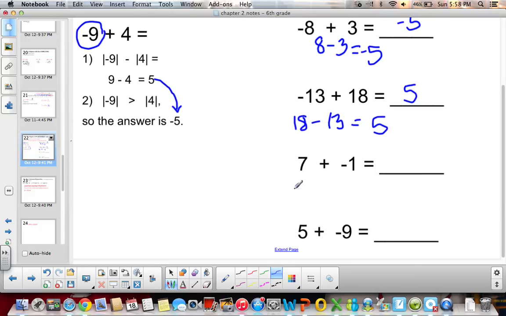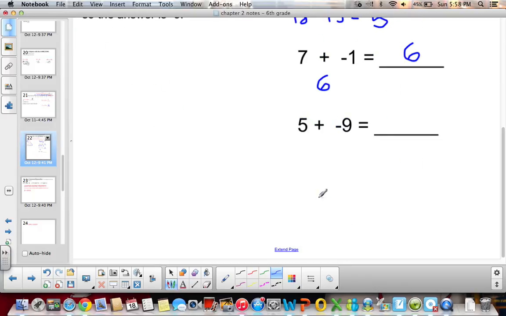And then 7 plus -1, we're going to take 7 minus 1, so we get 6. And then 7 is larger, 7 is positive, so we keep it +6. And then 5 and -9, so we're going to take 9 minus 5, because I dropped my signs, I get 4. 9 is greater, 9 is negative, so I make it -4.